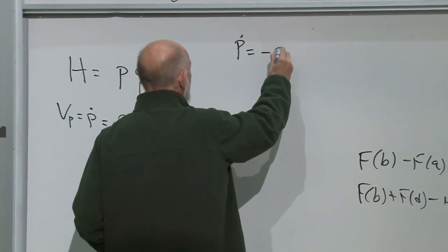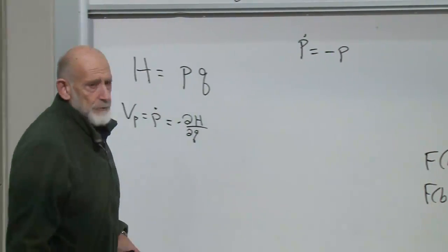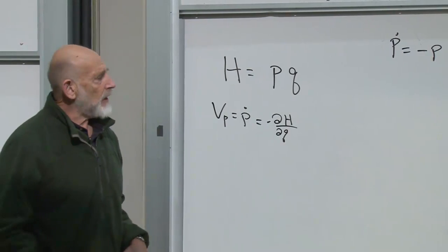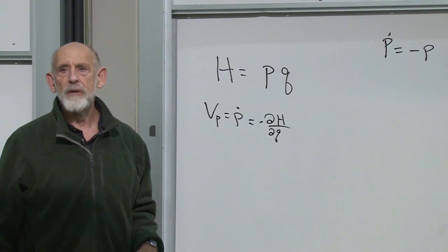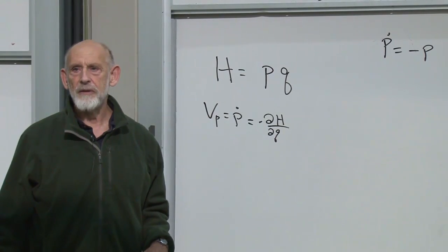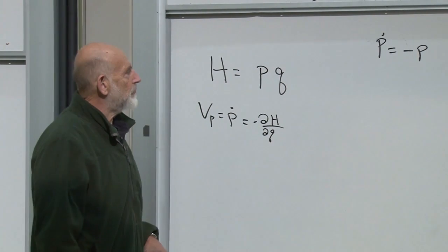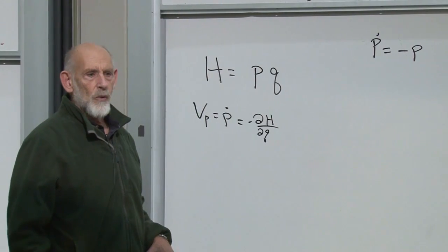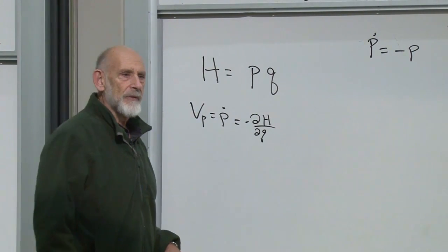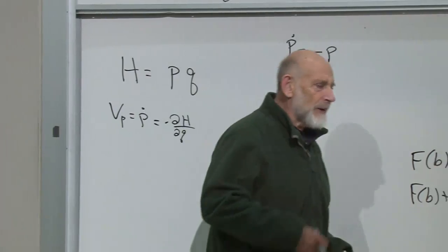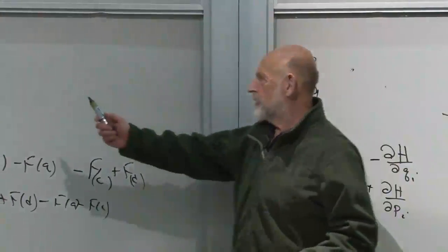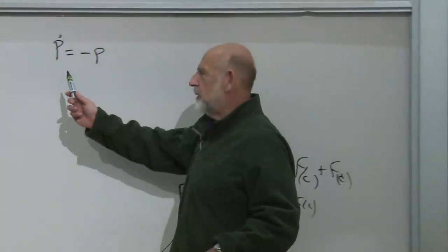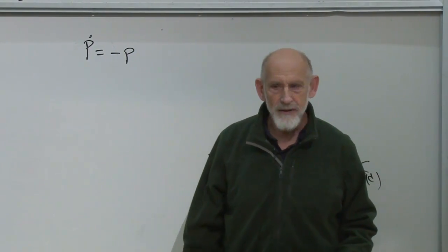Supposing p is positive for a moment, what happens to p as time goes on? Does it get bigger or smaller? Right. What happens if p is negative? It gets bigger, but in magnitude, it also gets smaller. In fact, what's the solution of this equation, p dot equals minus p?